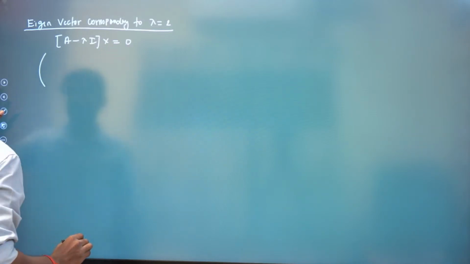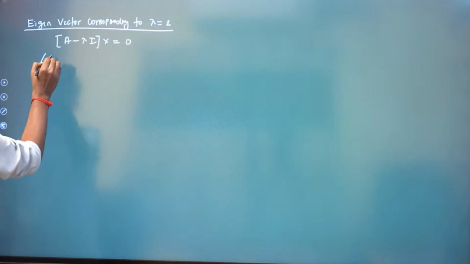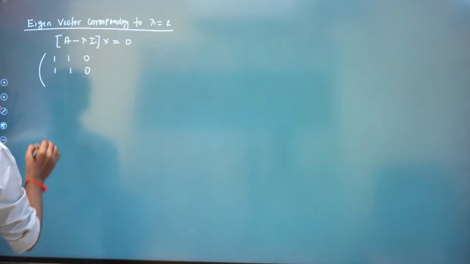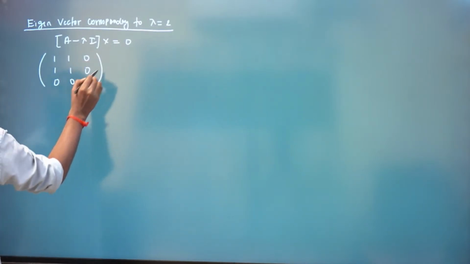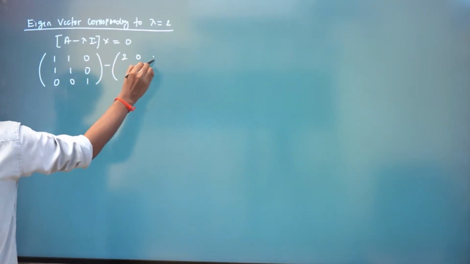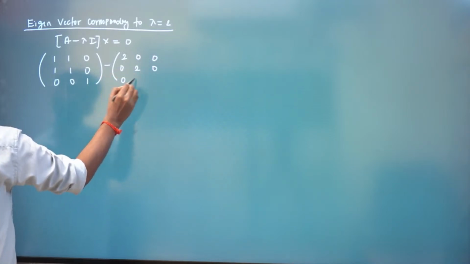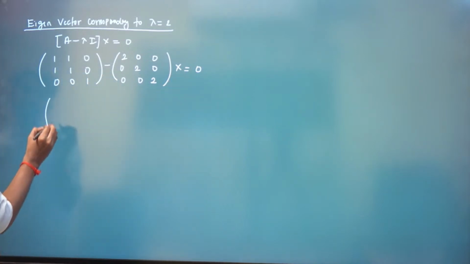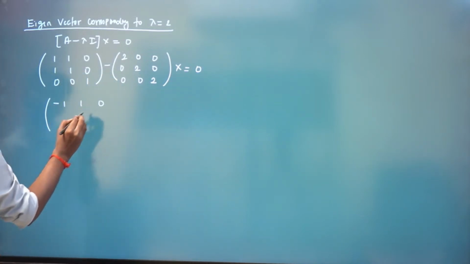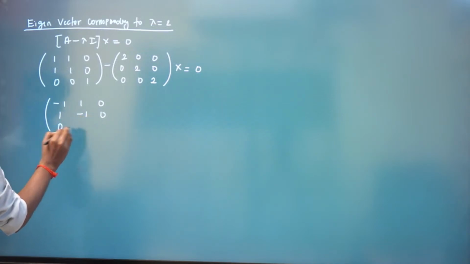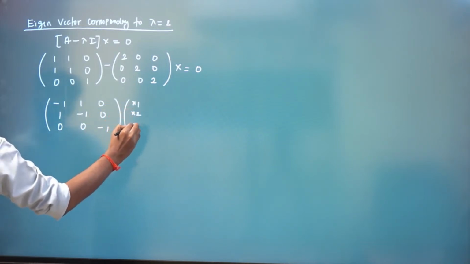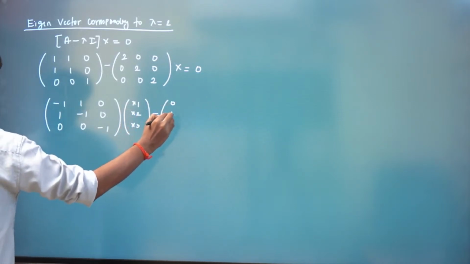So what is the matrix A? 1 1 0, 1 1 0, 0 0 1, minus lambda I, which is 2 0 0, 0 2 0, 0 0 2, times x is equal to 0. So 1 minus 2 is minus 1, 1, 0; 1, 1 minus 2 is minus 1, 0; then we have 0, 0, minus 1, times x1, x2, x3 is equal to 0, 0, 0.